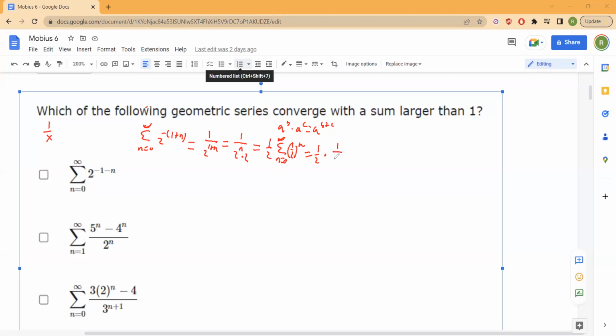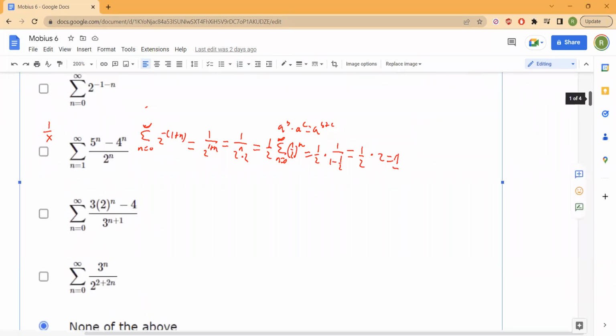So it'd be 1 over our ratio, 1/2, 1 minus 1/2. So this would equal 1 over 2 times 2, which is then equal to 1. So this one would not converge to a sum larger than 1. It would just converge to 1.